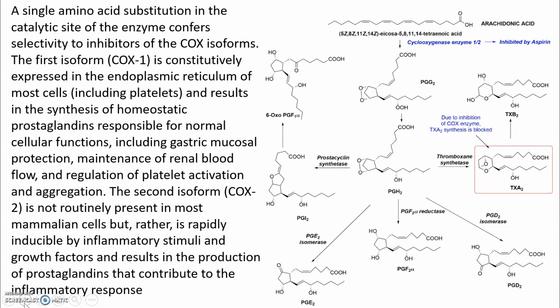The second isoform, COX-2, is not routinely present in most mammalian cells, but rather is rapidly inducible by inflammatory stimuli and growth factors, and results in the production of prostaglandins that contribute to the inflammatory response.